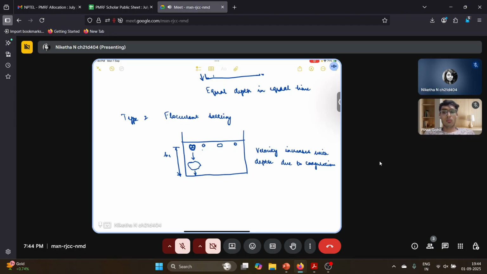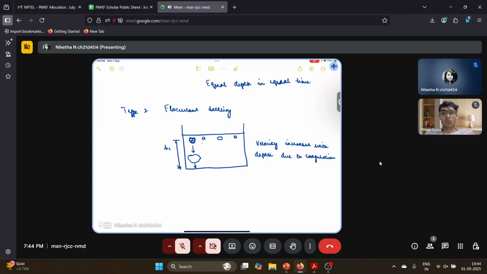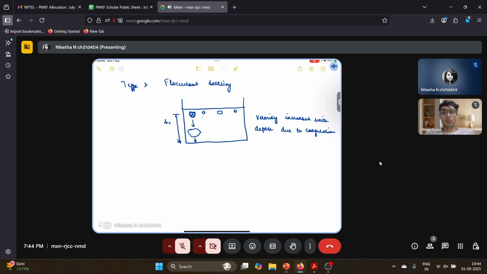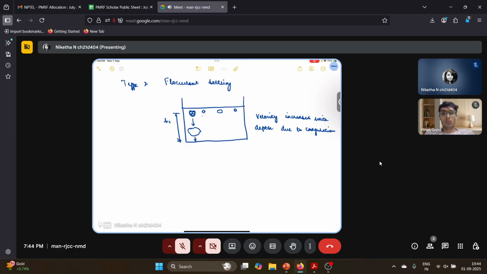As its size increases, its settling velocity is also going to increase because it has a higher mass now, and your gravitational force is going to increase because of that. So the velocity at which the particle is settling down will also increase. So here the velocity increases as the depth increases, and that happens because of coagulation.